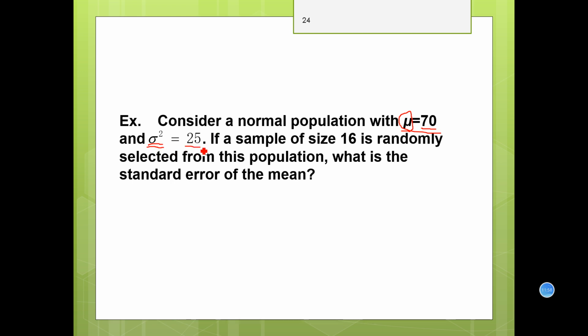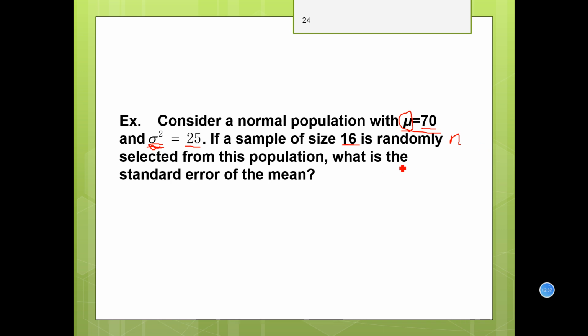Variance equals 25, and this is the variance of the population. And next we can find that in this question the researcher randomly drew samples from the population with the sample size of 16. So 16 is actually the sample size, the little n. So that means n equals 16.